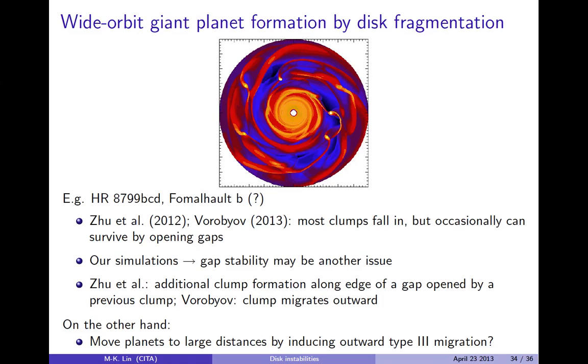So that might be due to this gravitational edge instability. And a very interesting result from the Vorobyov simulation is that all the clumps in their simulation which survive on large orbits actually migrate outwards slowly. They never identified why they migrate outward, but it's actually quite interesting to note that. Outward migration is what we see in our simulations.